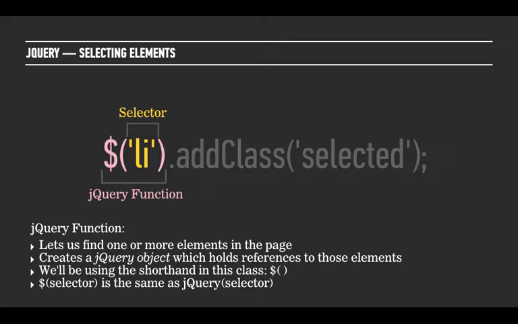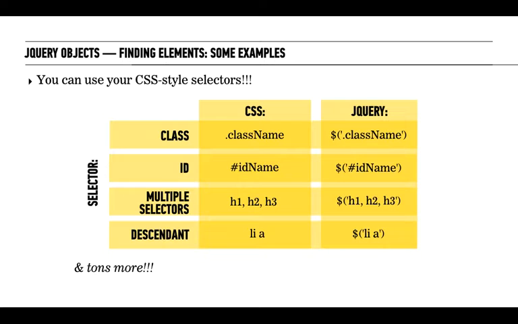So if it was a class name, then it would be dot, and then whatever the class name. Or if it was an ID, it would be the hashtag and then the ID name. So this is just a quick chart that you can use to refer to how you would select things in jQuery, and it's the same as CSS.